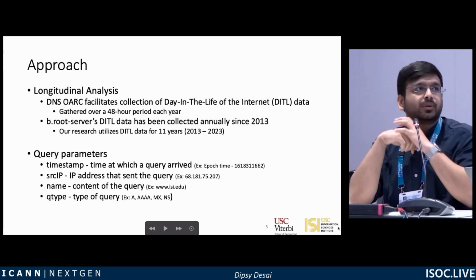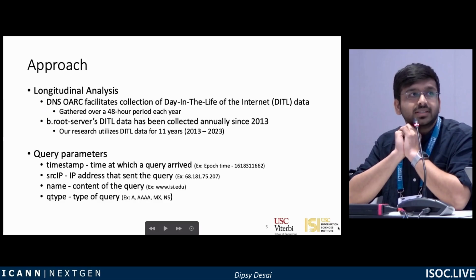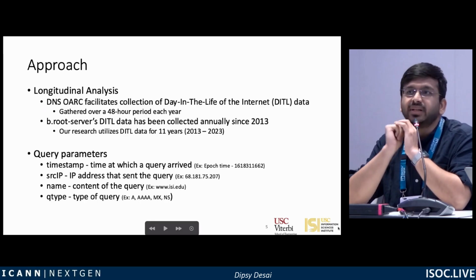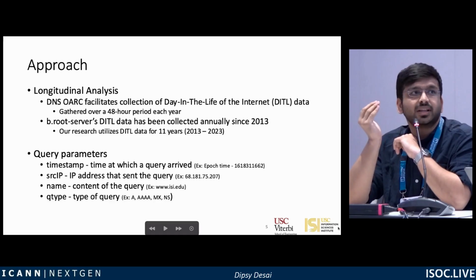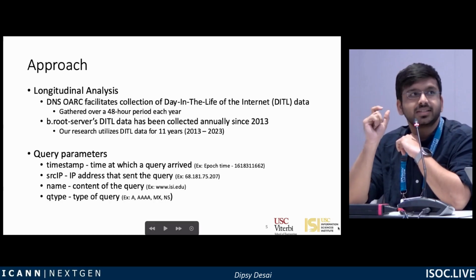For the approach, we look at all the incoming queries for a duration of 11 years. For this, we make use of a data set from what is known as DNS-OARC. DNS-OARC is the organization which facilitates something called DITL, which is Day in the Life of Internet Collection. It collects data from interesting resolvers, authoritative name servers, and root servers across the world for a period of 48 hours every year.